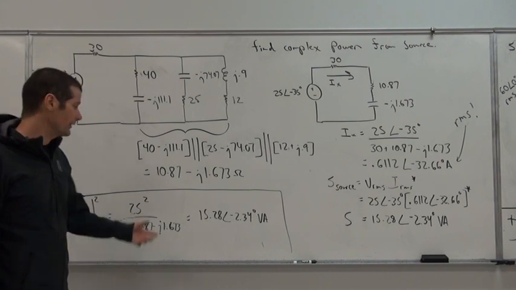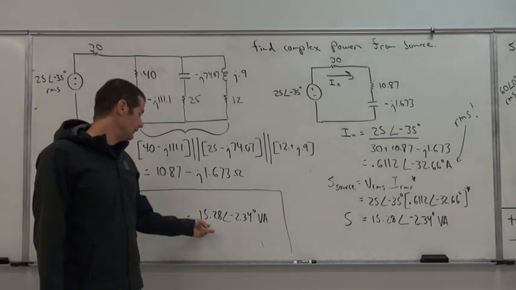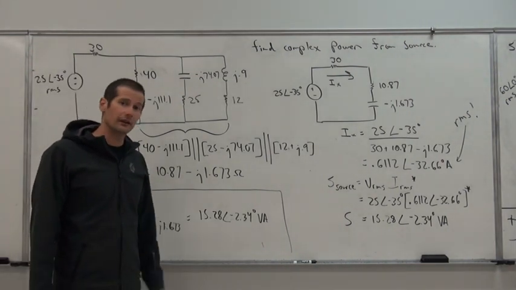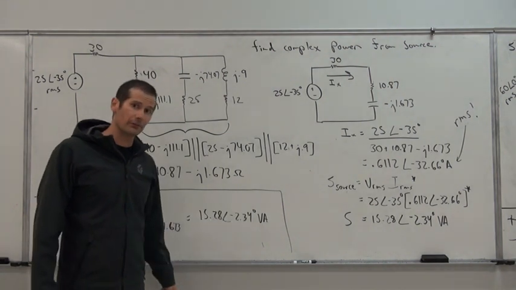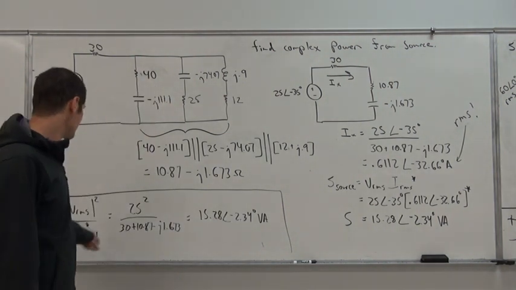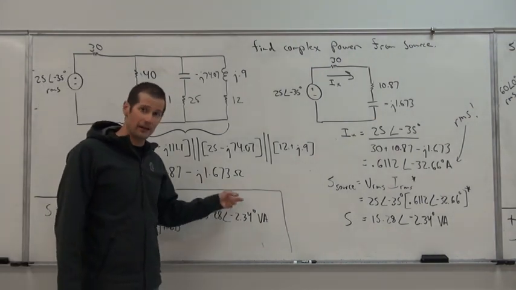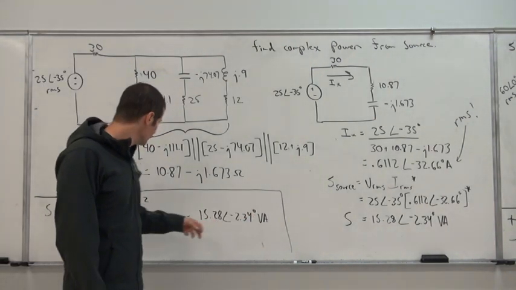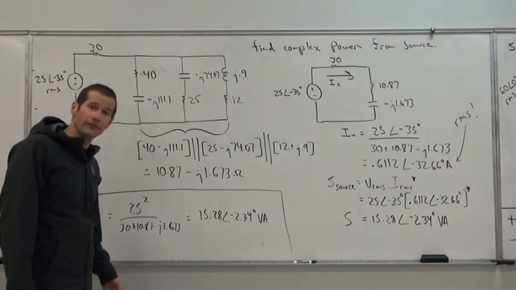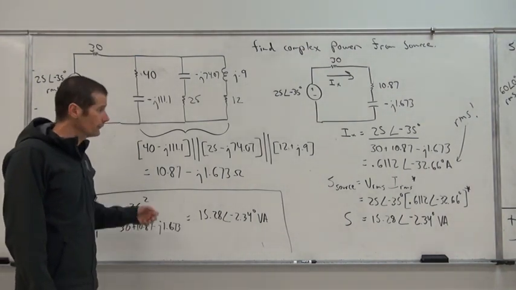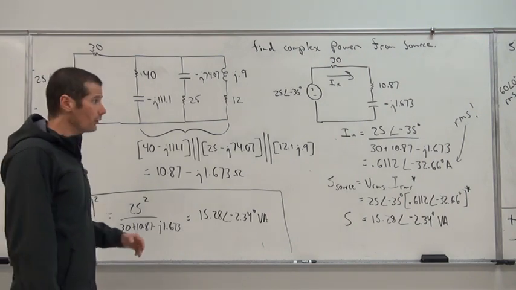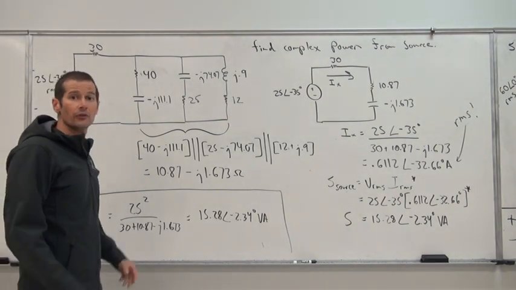And that also gives us a value of 15.28 at an angle of negative 2.34 degrees volt amperes. And what that means is that, sure enough, as promised earlier, that phase angle is conserved within the impedance itself.